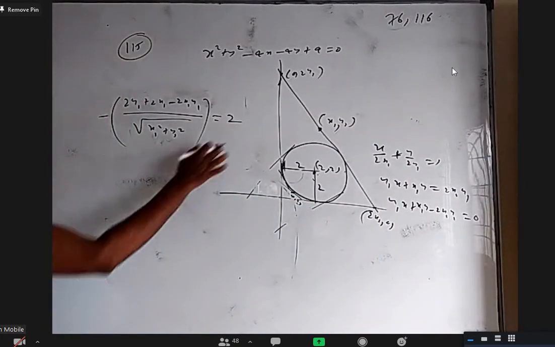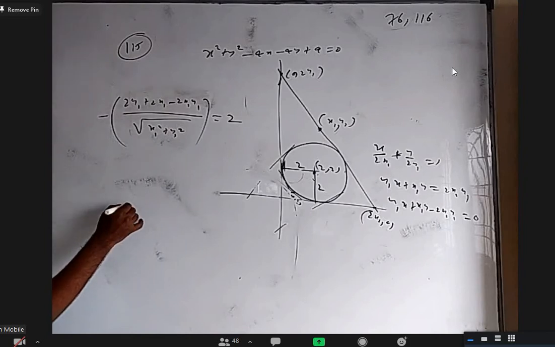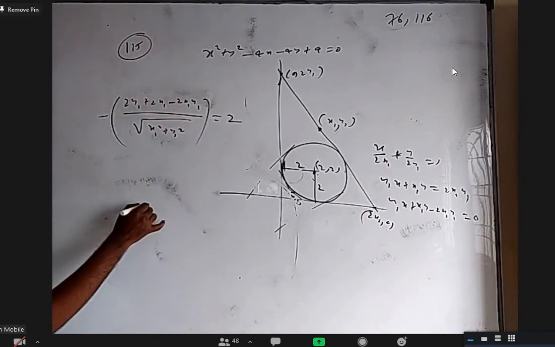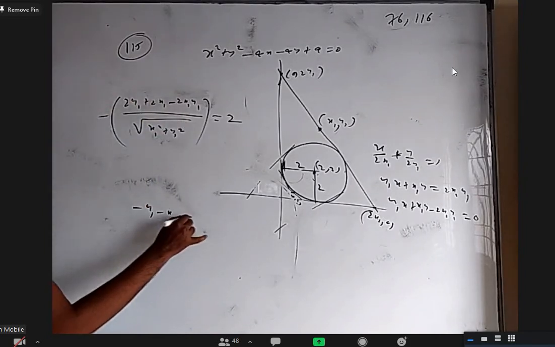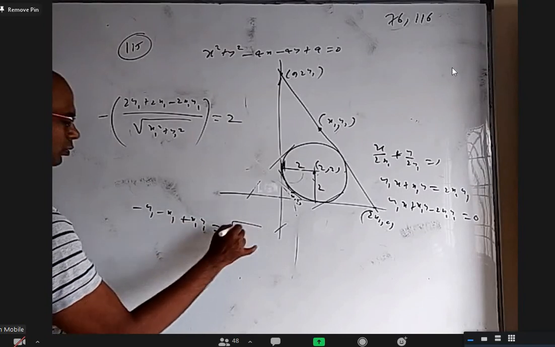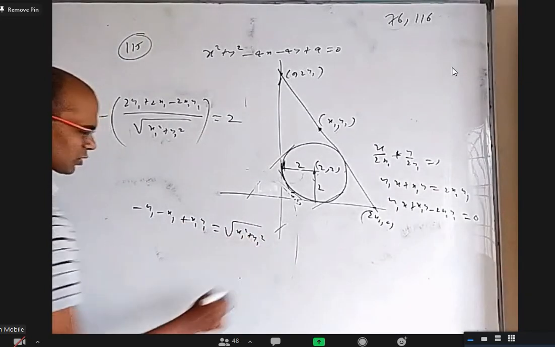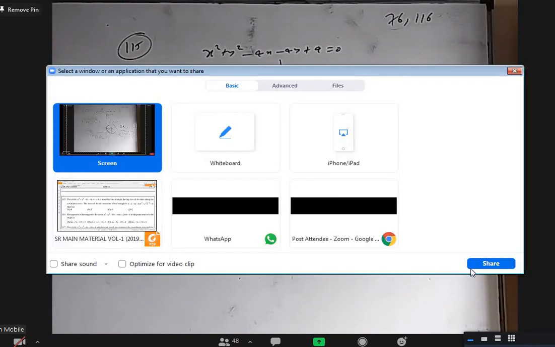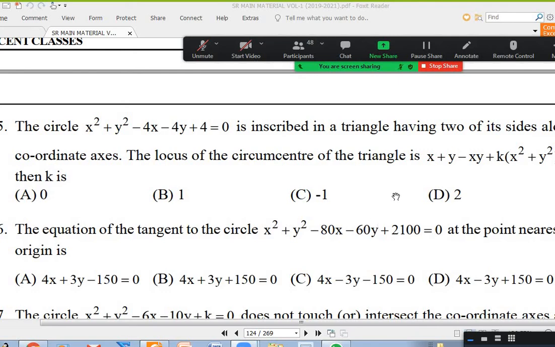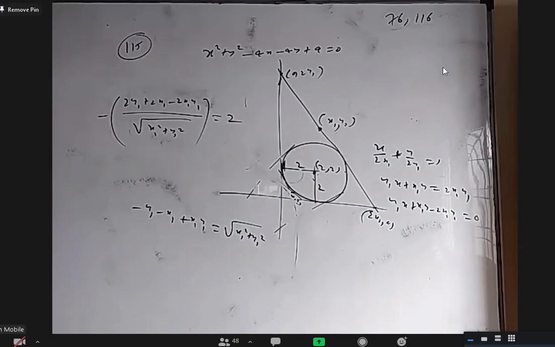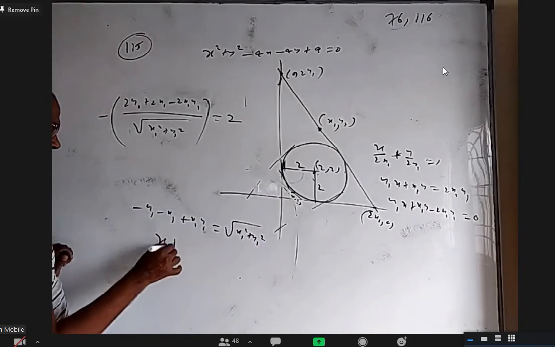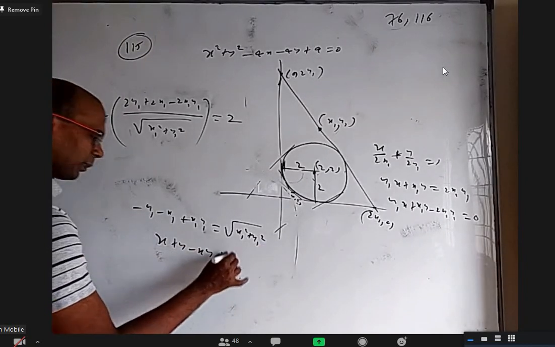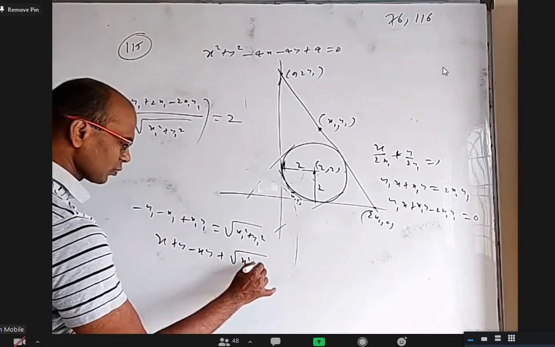Now send this one here. I can cancel 2 and write minus y1 minus x1 plus x1y1 equal to the root of x1 square plus y1 square. Send everything to the other side: x plus y minus xy plus root of x square plus y square equal to 2.